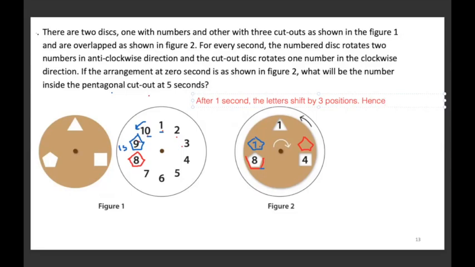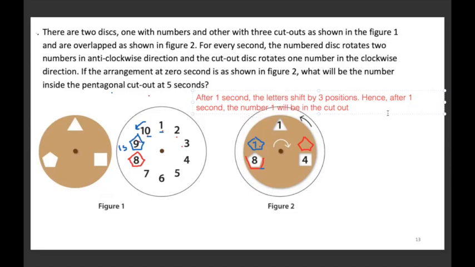Hence, after 1 second, the number 1 will be in the cutout position, okay?